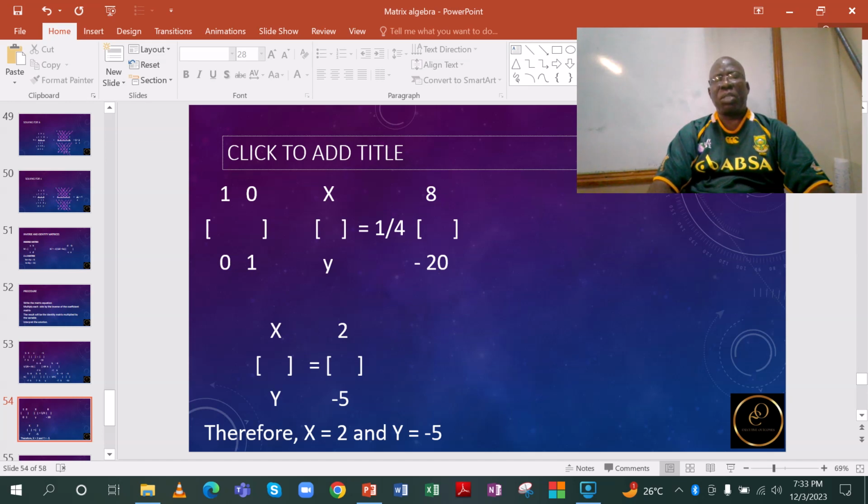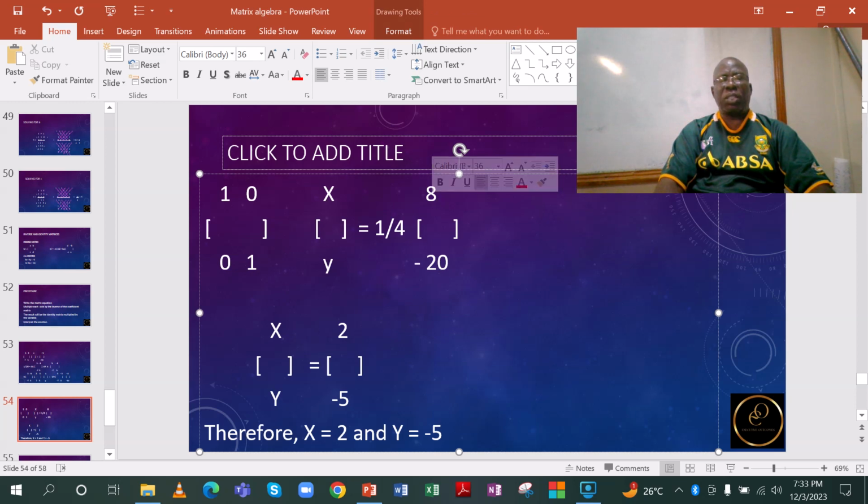The identity matrix has ones on the downsloping diagonal and zeros everywhere else. Multiplying this identity matrix by the variable matrix gives you the variable matrix itself, x, y.